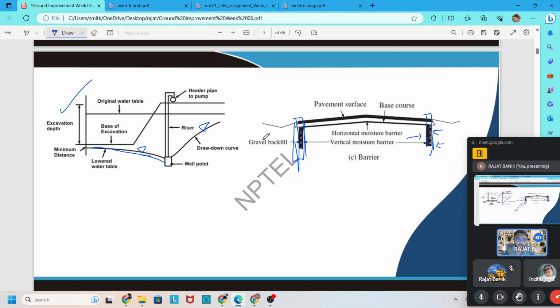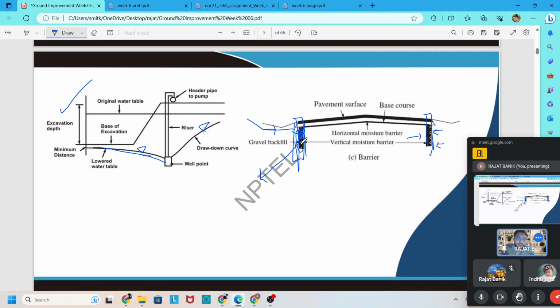This barrier wall may block the water which is coming from outside the pavement, and the water gets into the barrier wall. Gravel is a good drainage material, and we collect the water here and remove it by some other arrangement, like a longitudinal drain or transverse drain.